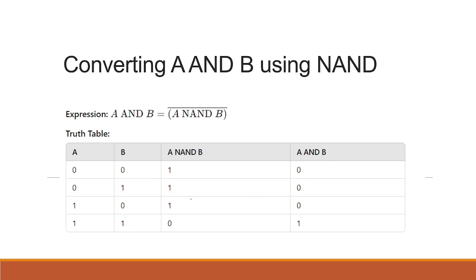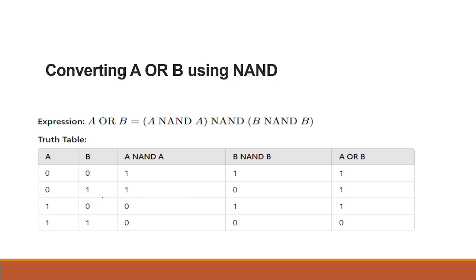Now we move on to the AND to NAND conversion. In the same way, we convert a NAND gate to an AND gate, as I have shown in a truth table. Whenever A is 0 or B is 1, NAND will be 1, because if one value is false, NAND gate is true.